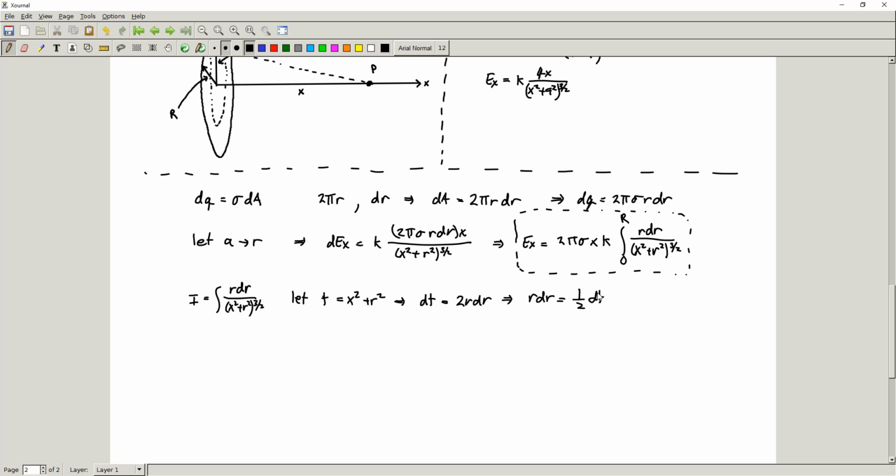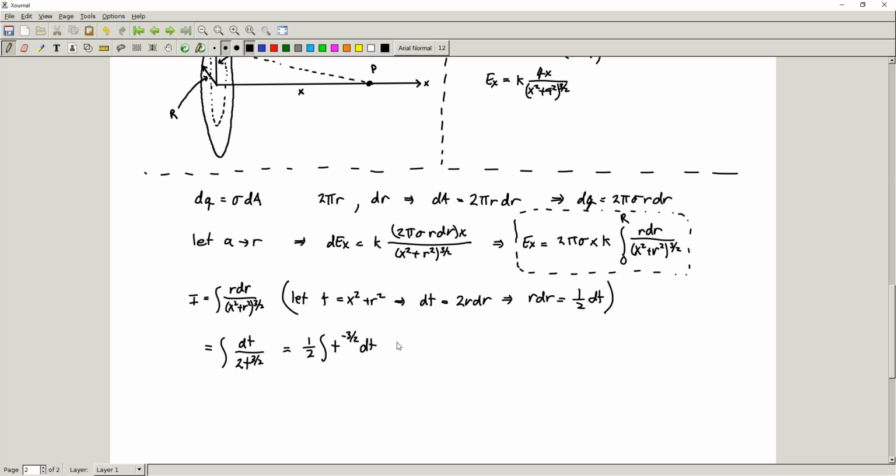Okay, so we can substitute in for our top here and our bottom. So if we do that, I'll put this all in brackets. We're just going to apply all these ideas, and I is going to end up being dt over 2t to the 3 over 2. We can factor out that factor of 1/2, and since we're going to be employing the power rule here, I'm going to rewrite this as a negative power. So this is going to end up being t to the minus 3 over 2 dt.